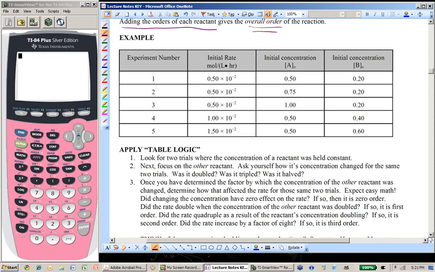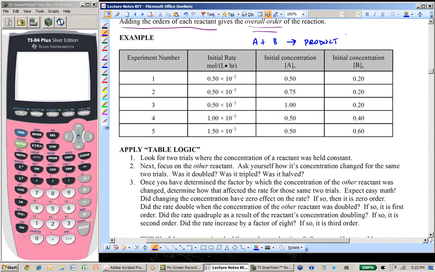So, when you look at experimental data and you have two concentrations going on for two different reactants, in other words, this looks like A plus B yields a product. I wish this was a single reactant, but it's two different reactants. So I'm guessing you've done a science fair project at some point in your life.